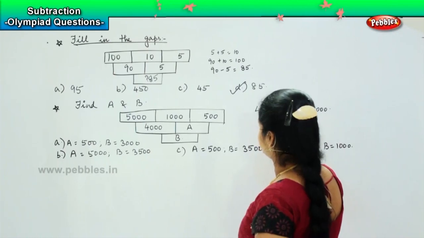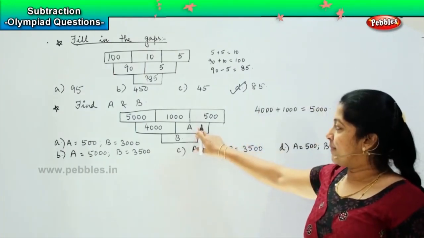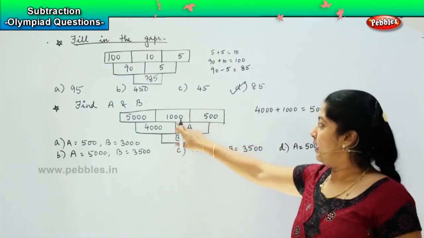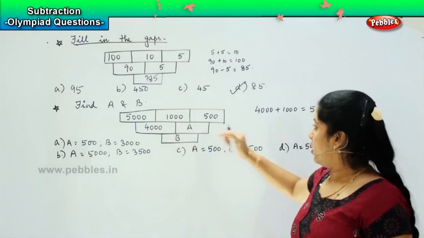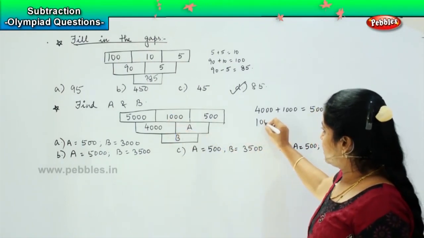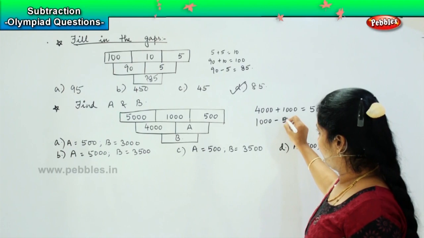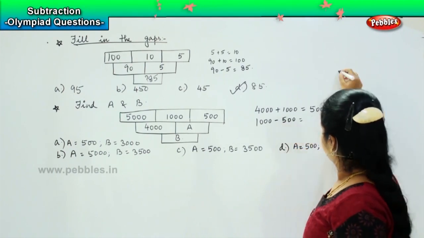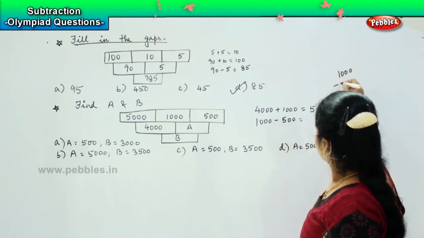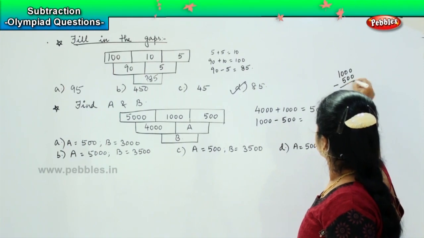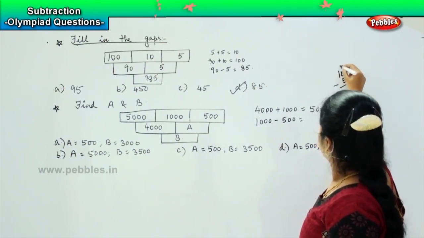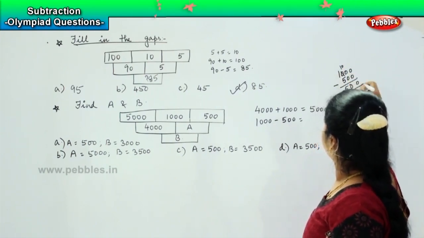So now, if I add something here with this number, it will give me an answer 1,000. So 1,000 minus 500 is how much, children? 1000 minus 500. So 0, 0, 10 minus 5 is 5.